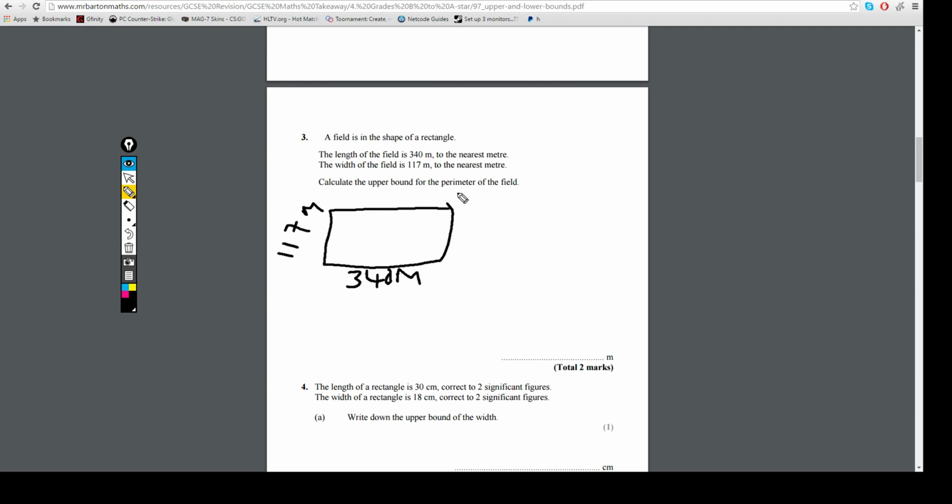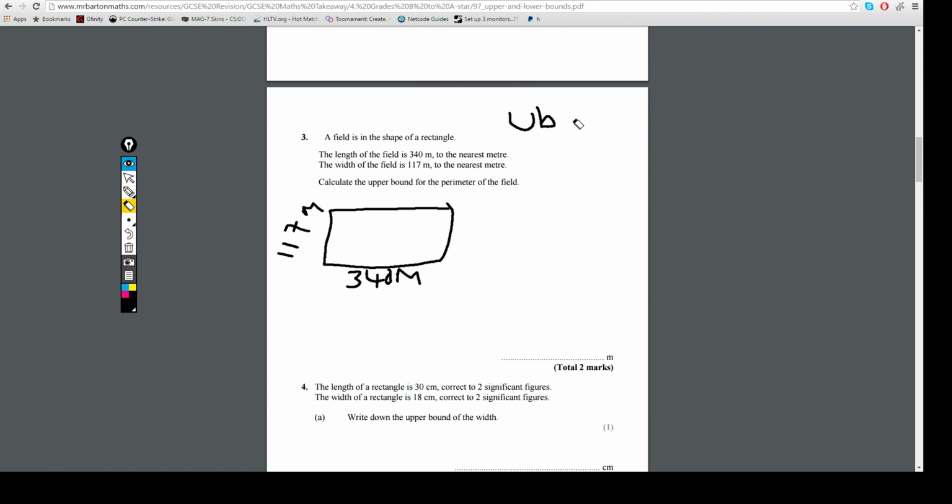There are some basic principles when combining two bounds. I'm going to address them first. To calculate the upper bound, it's the upper bound plus the upper bound.